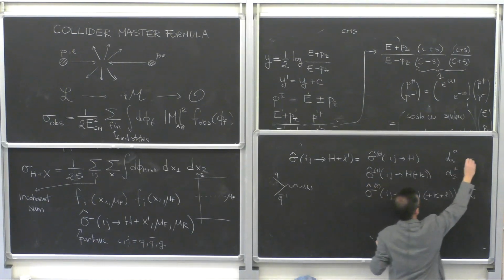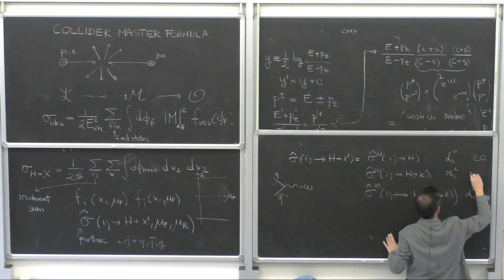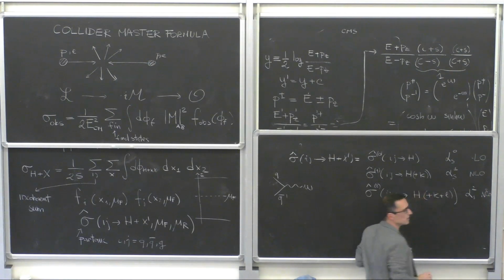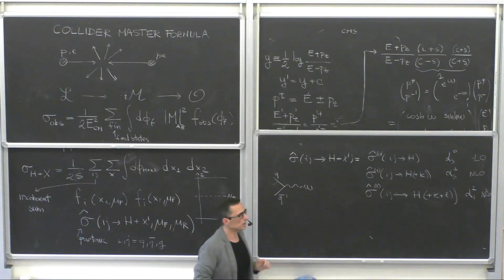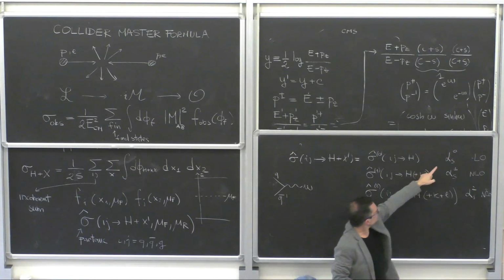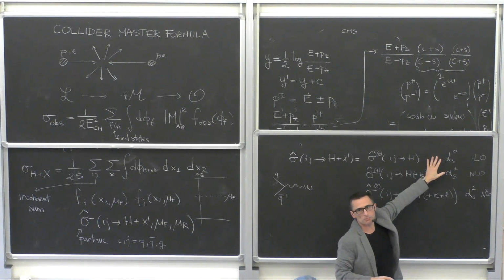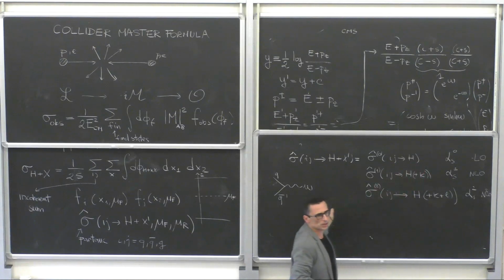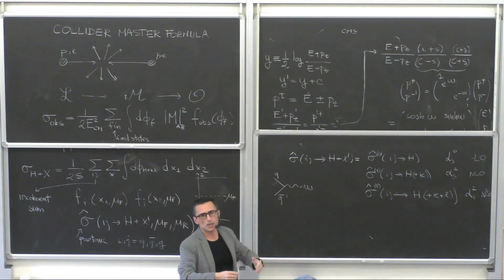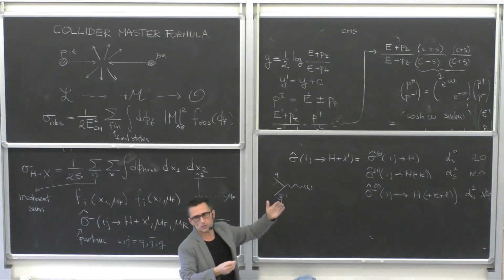So this one is called leading order. This one is called next to leading order. This one next to next to leading order, and so on. The starting order is a characteristic of the process, so it's not always like Drell-Yan. For example, t t-bar starts at alpha S squared, and then I go on.